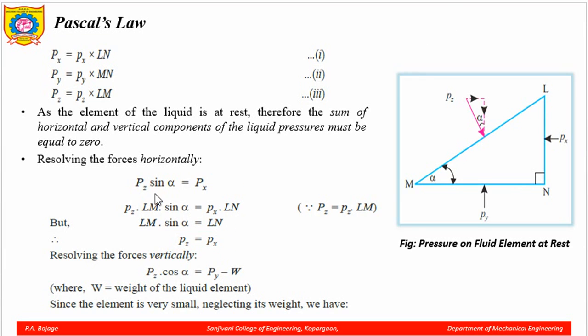Similarly, vertical forces. So, vertical forces are Pz cos of alpha and Py. So, here Py is the pressure acting, and W. Now, here W is the weight of the fluid element which we have considered. Now, upward sign is negative. Force acting in the upward direction is taken as negative. So, as the weight of the fluid element is small, and hence it can be neglected.